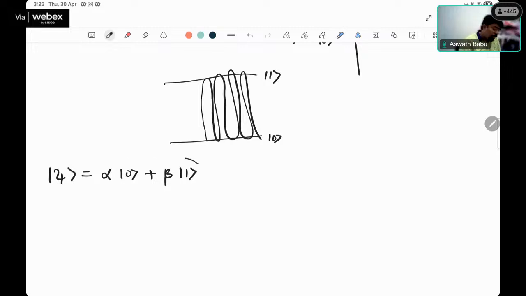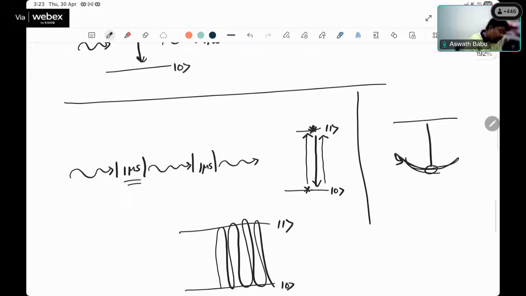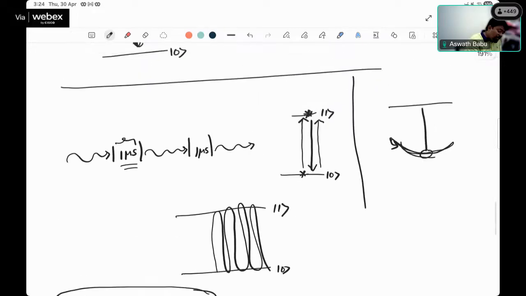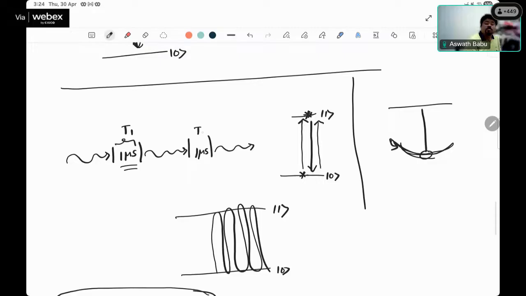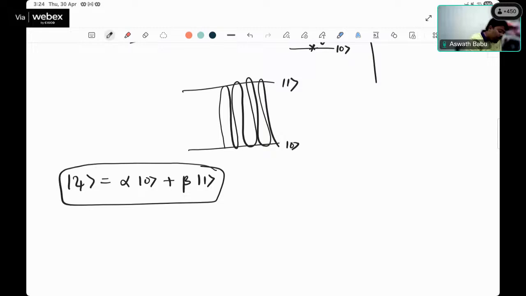Now you see the factors which are very important. Here I presume the electron is excited for a lifetime of 1 microsecond and I place my next photon 1 microsecond apart. By any means, if this lifetime T1 is disturbed, not by me but by the environment, it is possible.